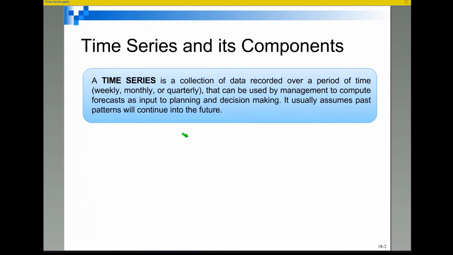Now, as I mentioned, time series is just data collected over time. It could be weekly data, monthly, or quarterly data. And in business, as you can imagine, there are a lot of times that you will collect data over time. For example, sales data, right? You're going to collect sales data probably every quarter or every month.